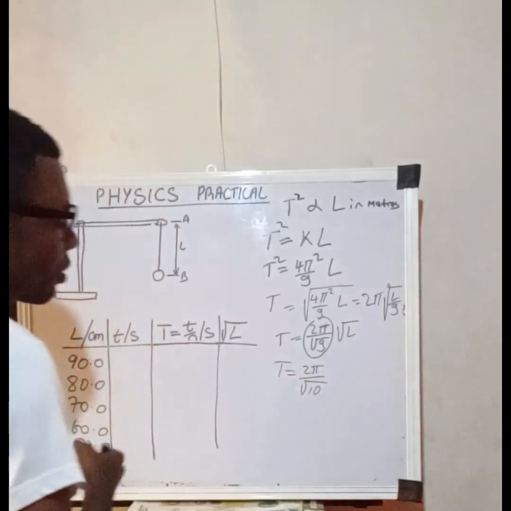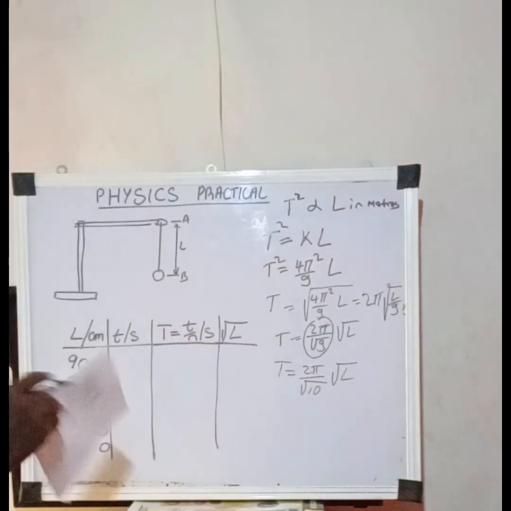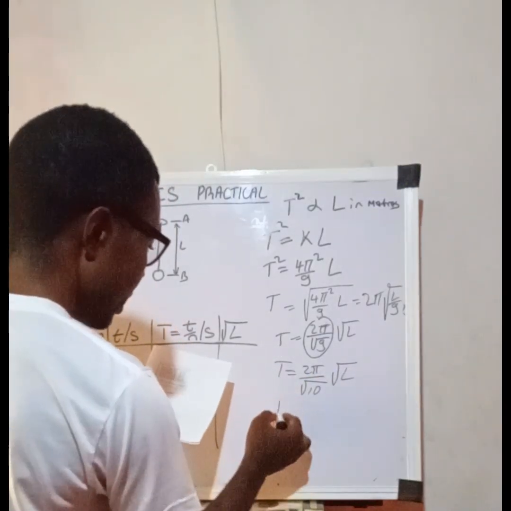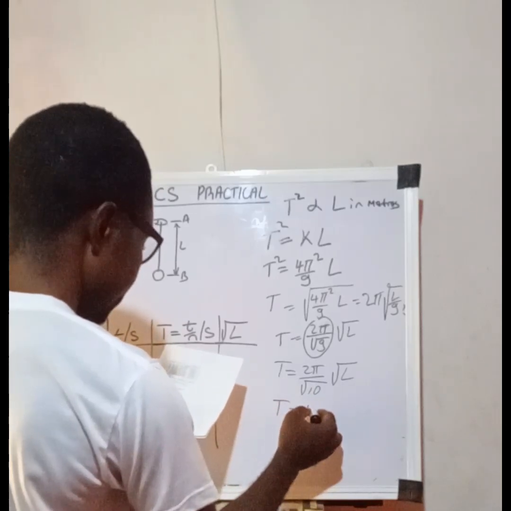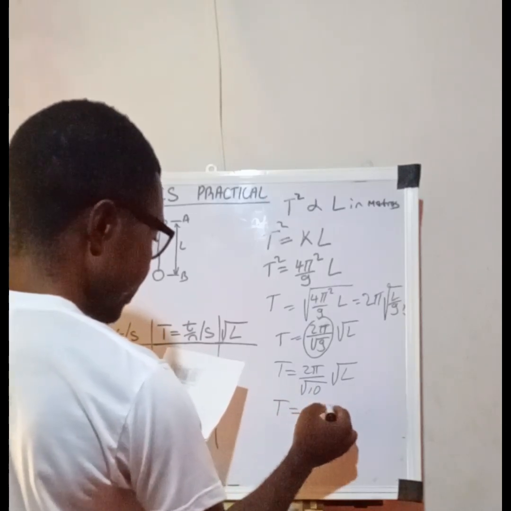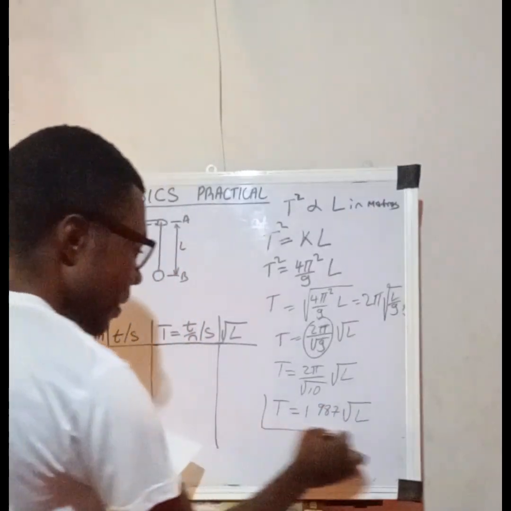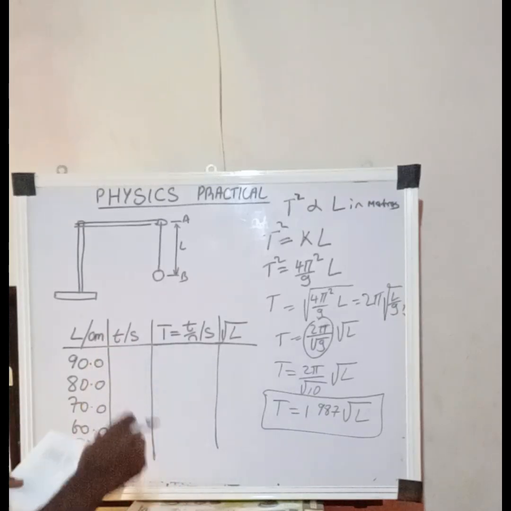I said the approximate value of acceleration due to gravity is 10, then root L. And what I have calculated here, 2 pi over root 10, is equal to 1.987, then root L here. So this is the formula we are going to use to obtain the period and subsequently obtain our time.